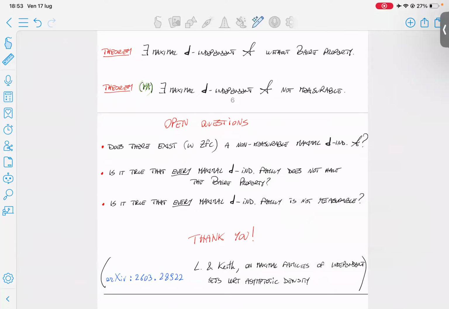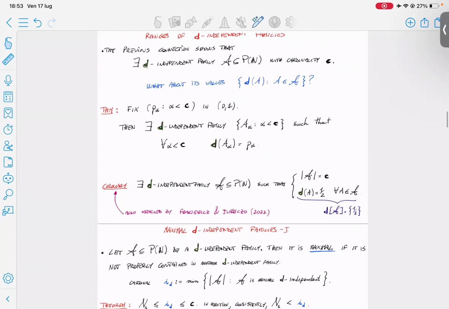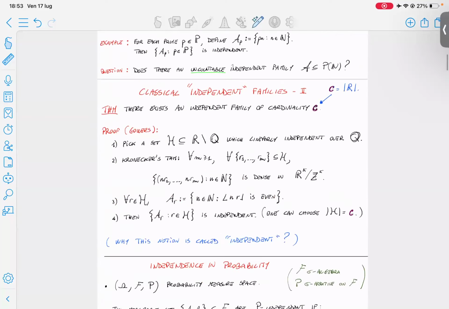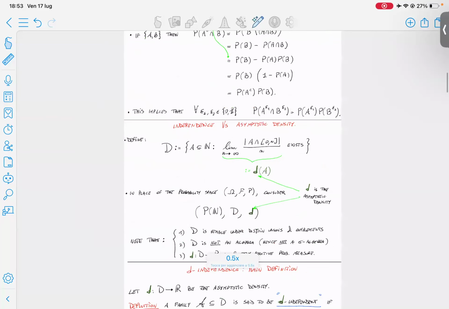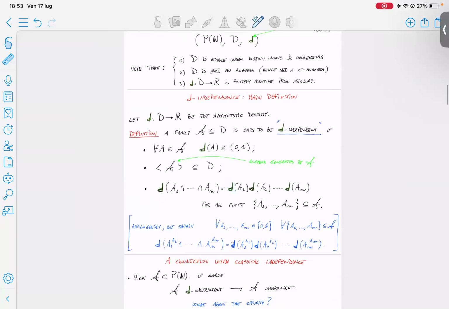Have you already tried to extend some of these results to other densities? No, we didn't try because this is the first example to try. After this one, we can try other types of densities or whatever we like. I think that the general problem would be not speaking about densities, but replacing D in the main definition with a finitely additive probability measure on some algebra.